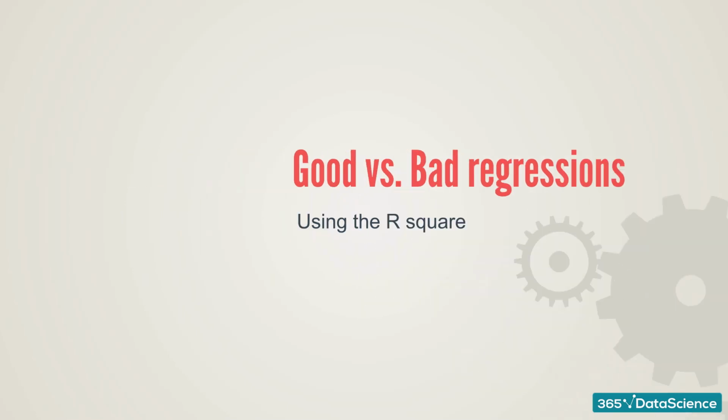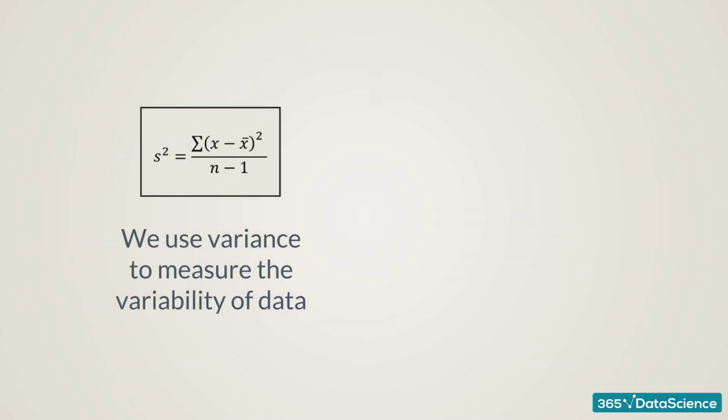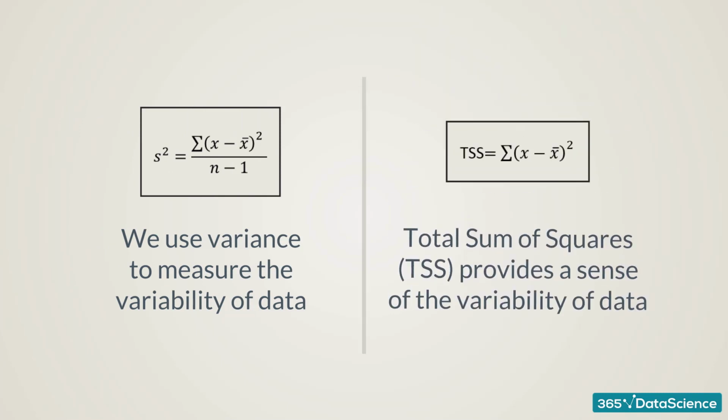It is called R-square. To understand R-square, we need to think of the total variability of the data, which is the measure for data dispersion and variability. Variance, right? Okay, so we'll use a concept very close to the one of variance, total sum of squares. TSS provides a sense of the variability of the data.